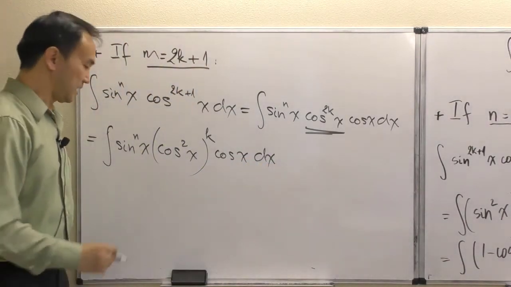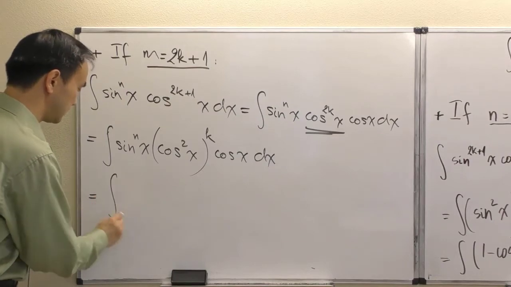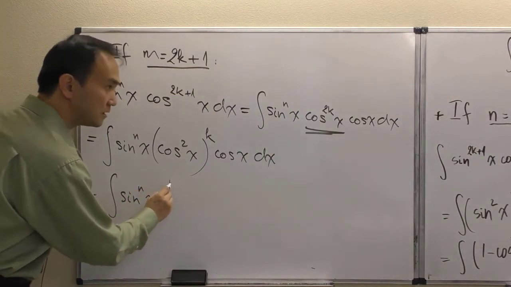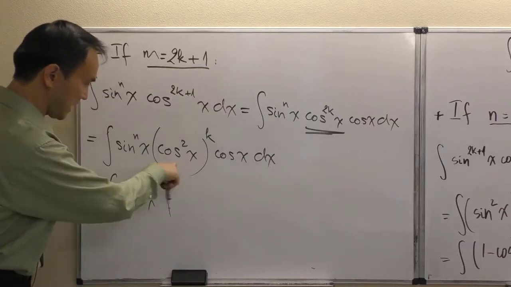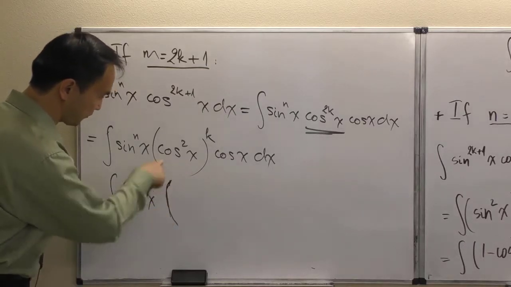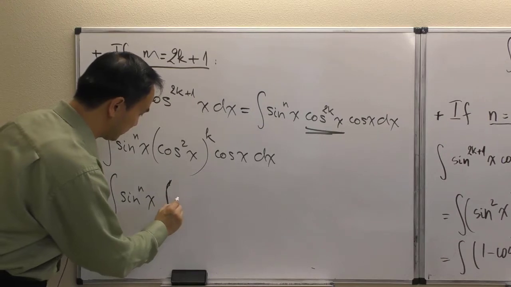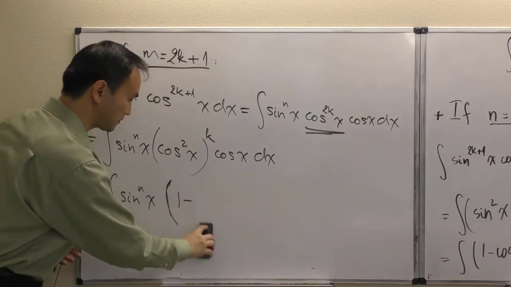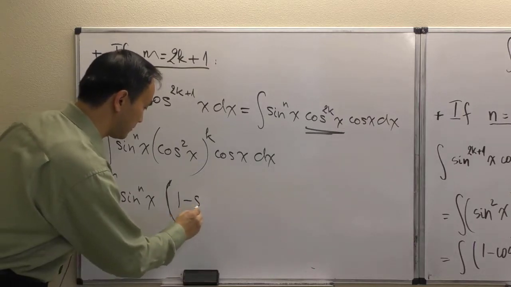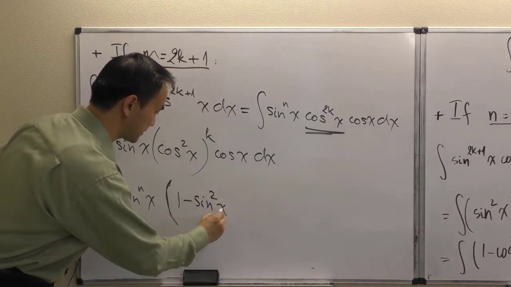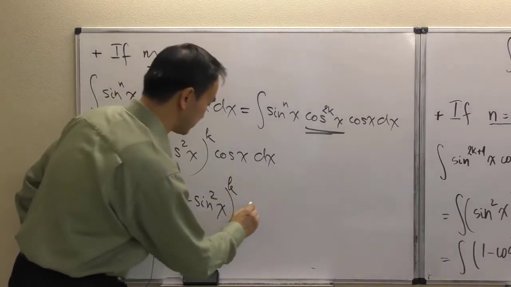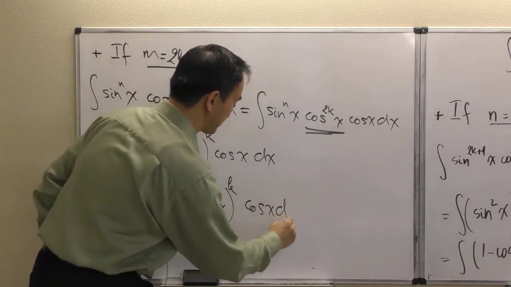In the next step, it gives me sine to the n of x times, now that trig identity can be used again for that cosine squared right here. So here we're looking at 1 minus sine squared of x to the k power, and then with that lone factor, cosine x dx.